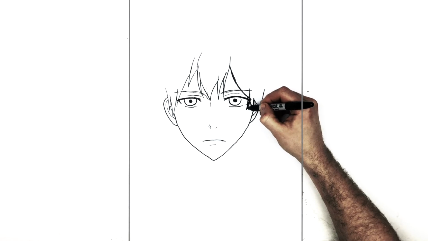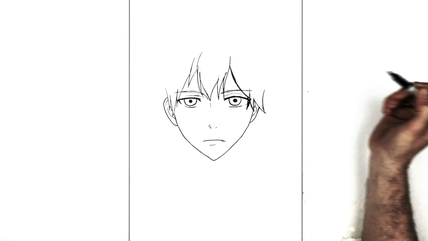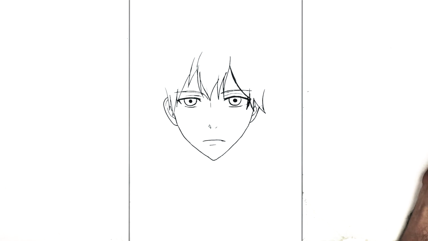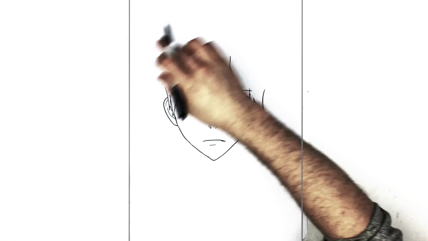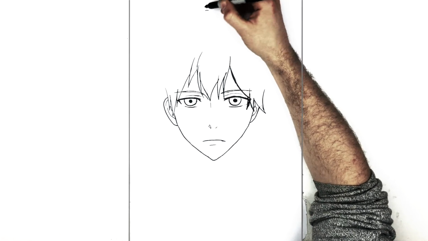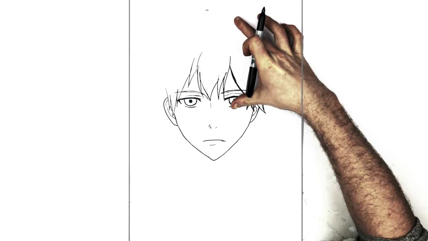Just gonna try and fix this hair spike here. Okay, we'll do the hair and go all the way around the top of his head. Top of his head's all the way up here. The eyes.